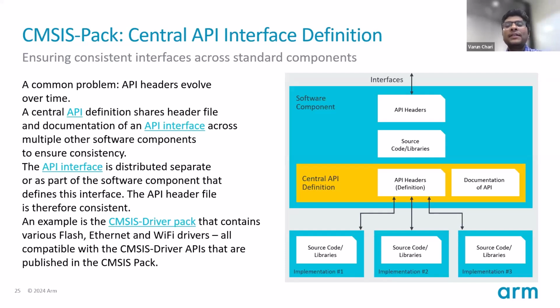So if a silicon provider implements that driver interface across different versions of their platform, the CMSIS driver pack will remain consistent, and the application developer can easily access this particular CMSIS driver pack and develop their application, choosing the version he or she wants to use depending upon the documentation, and start developing their application.